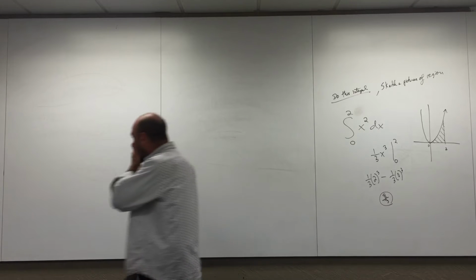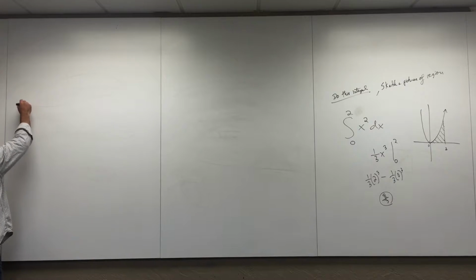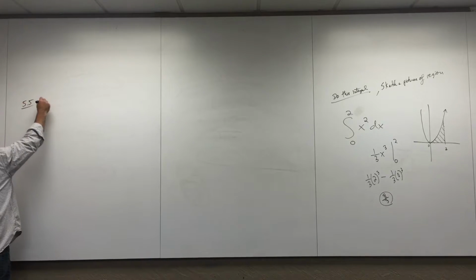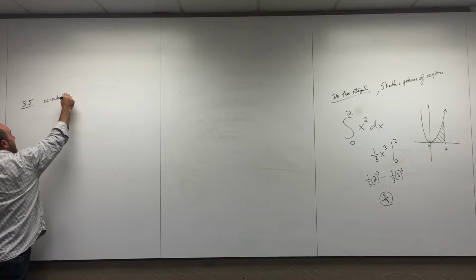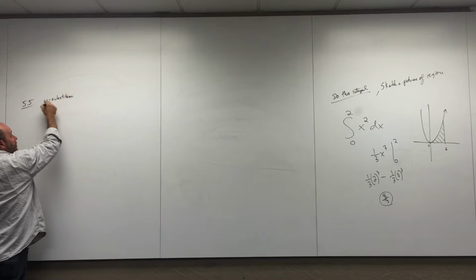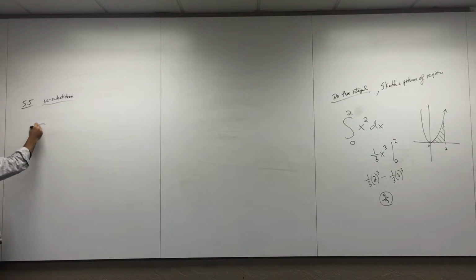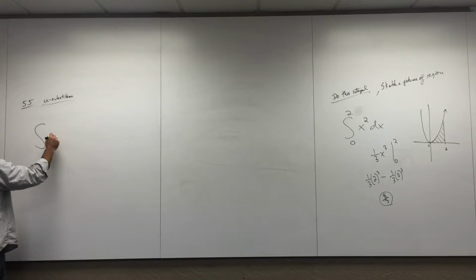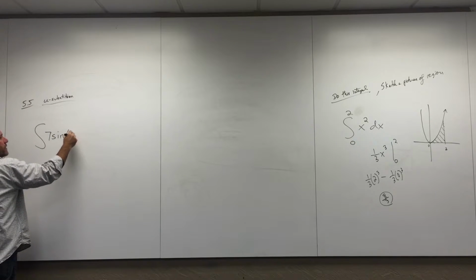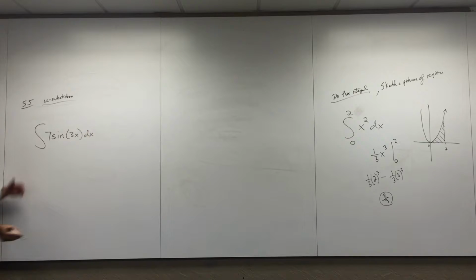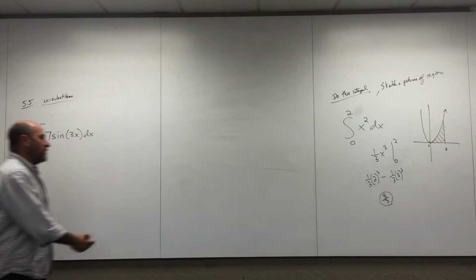So, let me say something else. In 5.5, we learned about U-Substitution. And it's a process to help you do a lot of integrals you can't do. So look, here's a real baby one. This is a very basic, very easy U-Substitution problem. And then look at this one.